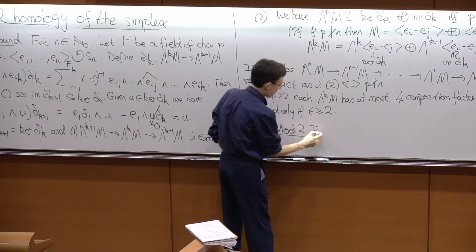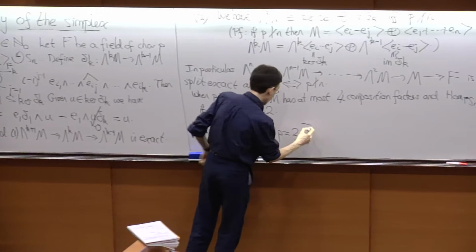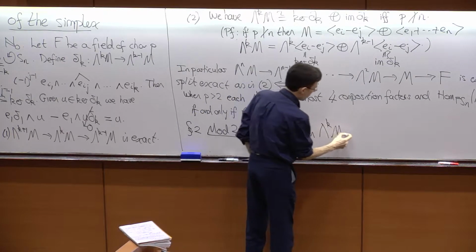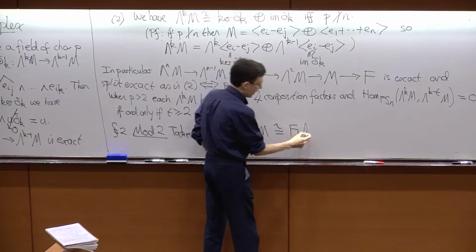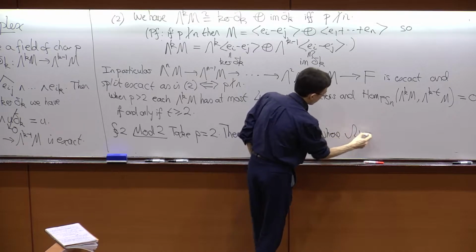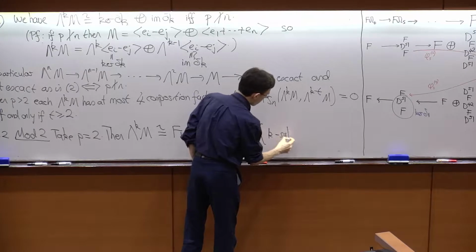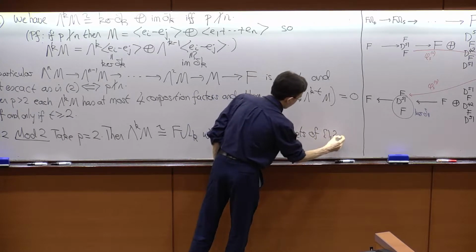So we'll take P as 2. And then we can identify wedge Km with a permutation module, F omega K, where omega K is all those K subsets of 1 up to N.